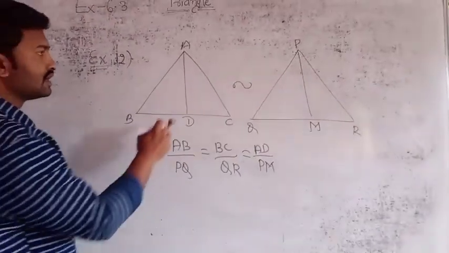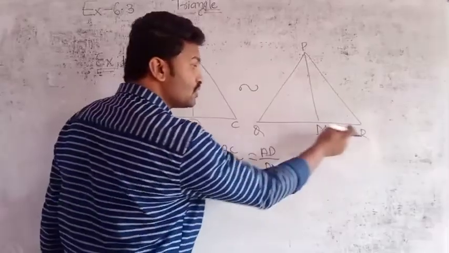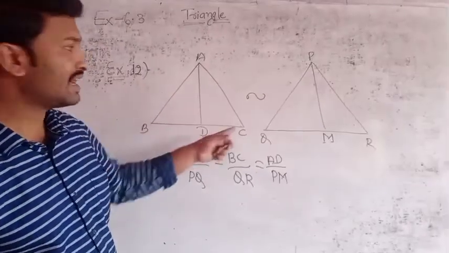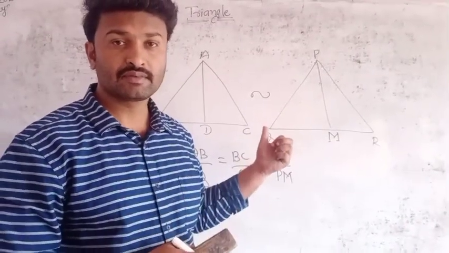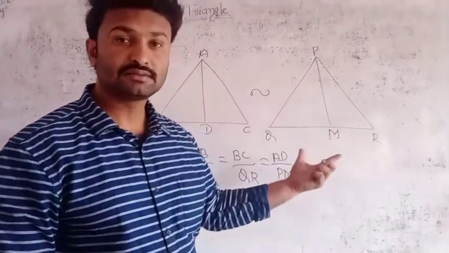This is there in the question. What we have to prove? Triangle ABC is similar to triangle PQR. But he has given one more thing. AD is a median and PM is also a median. How to use this median to prove ABC is similar to PQR?